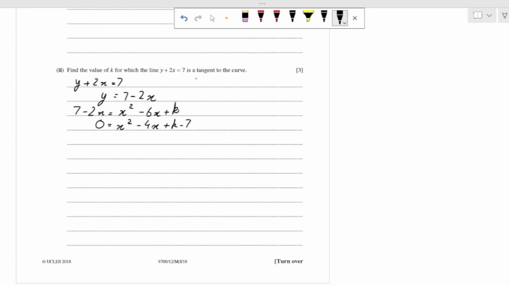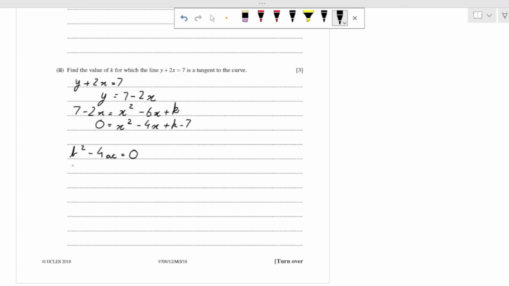In this question, they're asking us that the line y plus 2x equals 7 is a tangent to the curve. For the curve being tangent, we have to have repeated roots, and that can be represented in terms of b square minus 4ac equals 0.